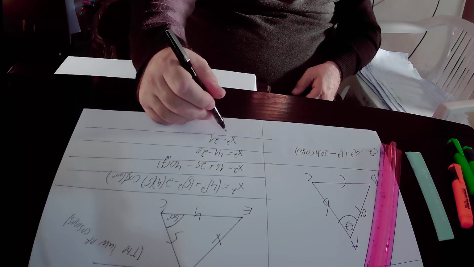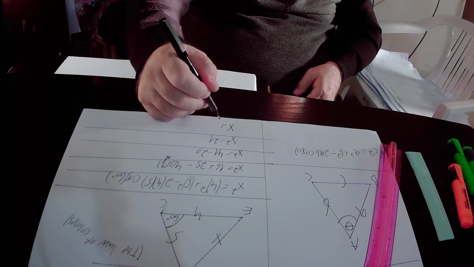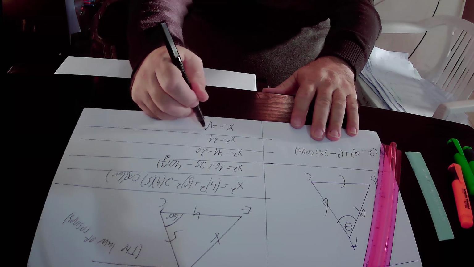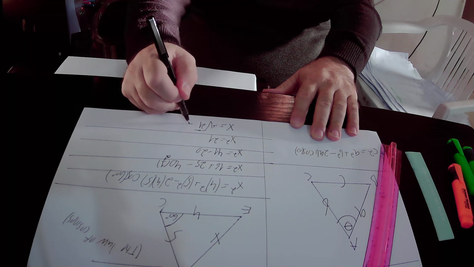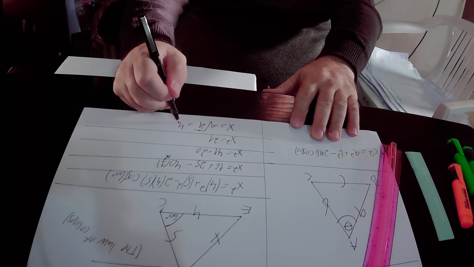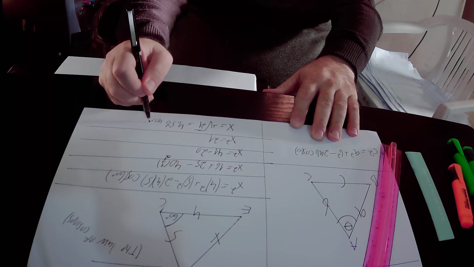Here we take a root of this equation and we get that x equals the positive square root of 21, or in terms of numbers it is equal to 4.58 units.